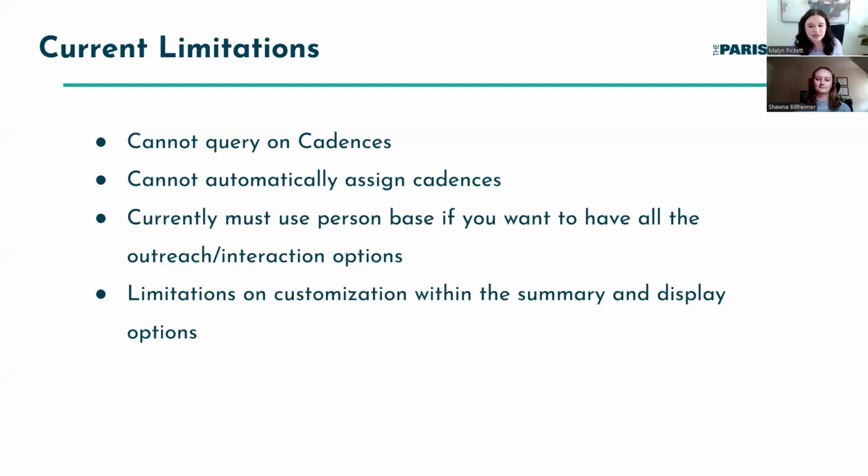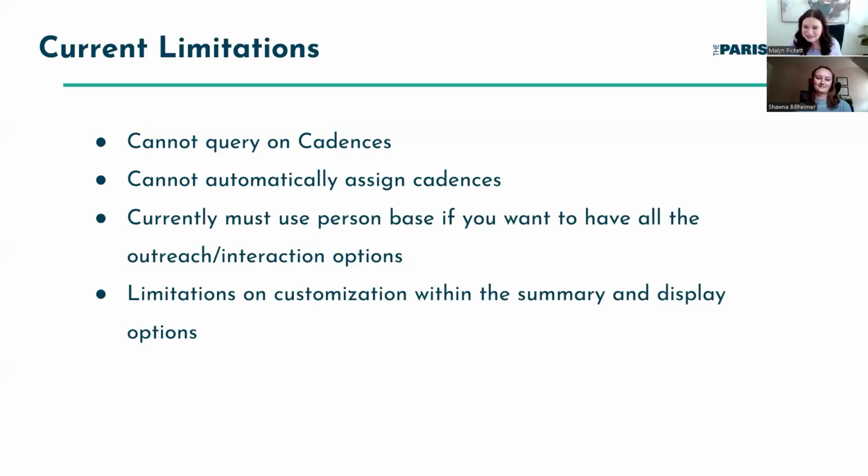Cadences must currently be manually assigned to a record. I can think about a couple of use cases where it would be nice to be able to have those cadences automatically applied based on a stage or an activity. There is an existing feedback post out there that we'll give you at the end.